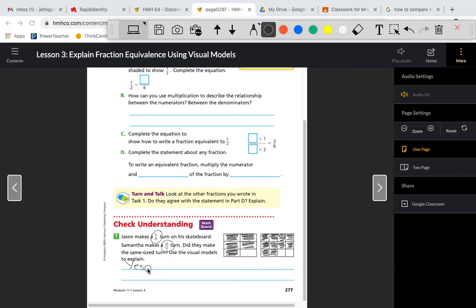Use the visual models to explain. So now how can we explain that our answer is yes?